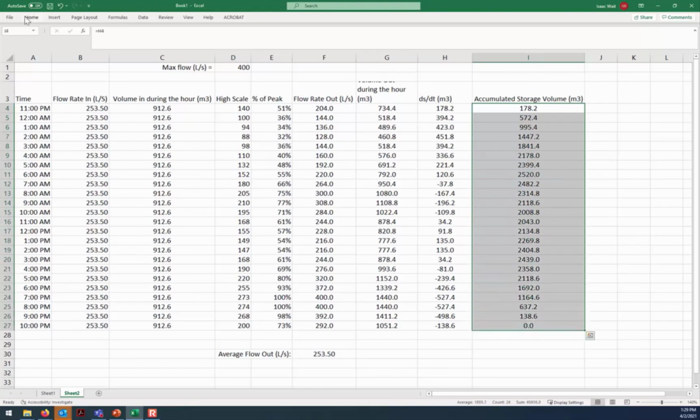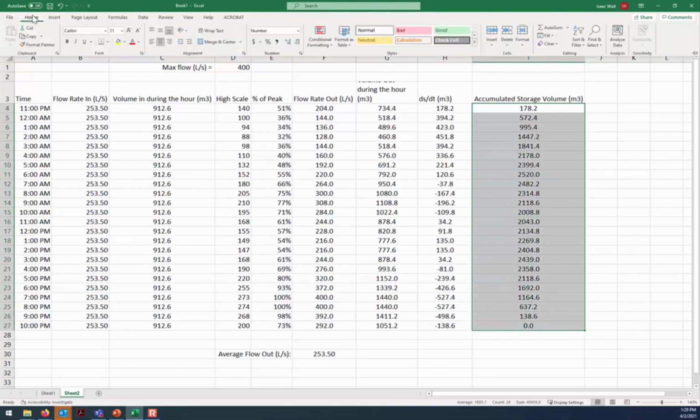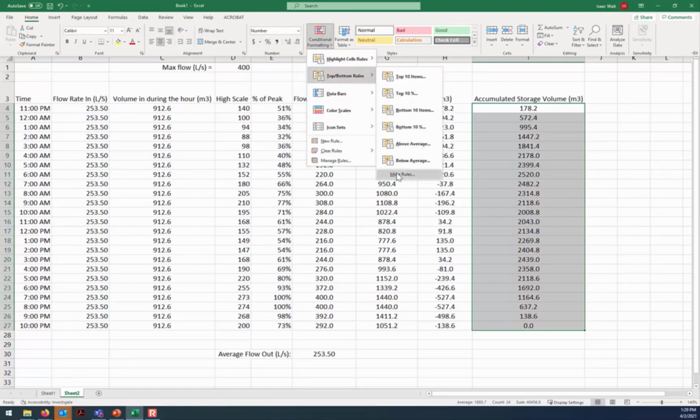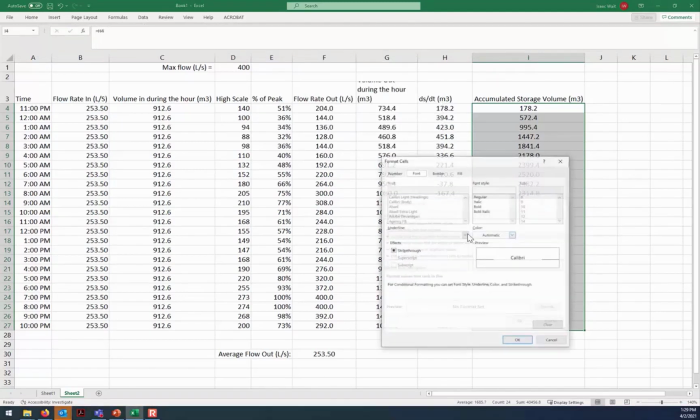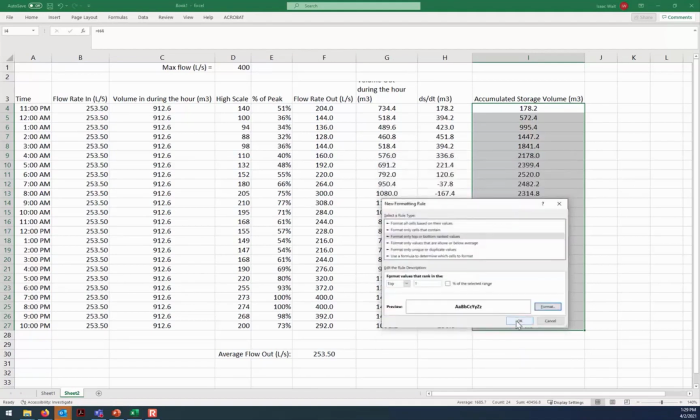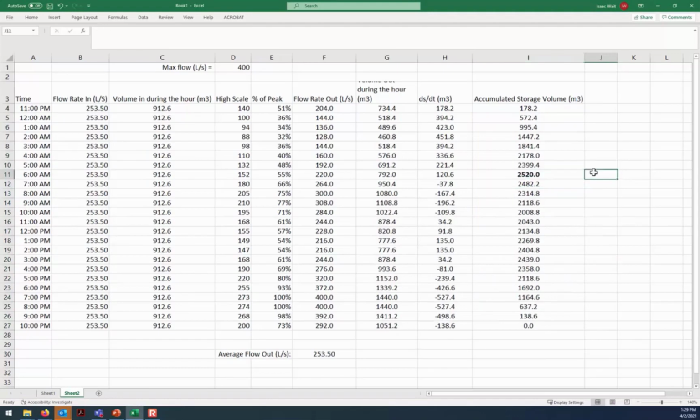So let's do a conditional formatting here to draw attention to the largest of them. I'll do conditional formatting. I want to highlight the top one value by making it bold. Conditional formatting isn't the essence of this project, but it's this one. You could have just looked at it and seen this is the maximum storage volume required.